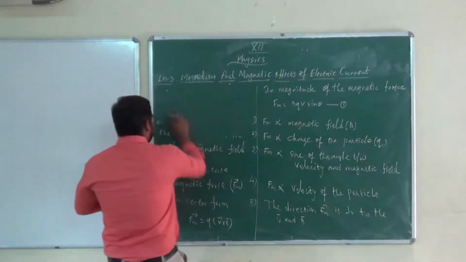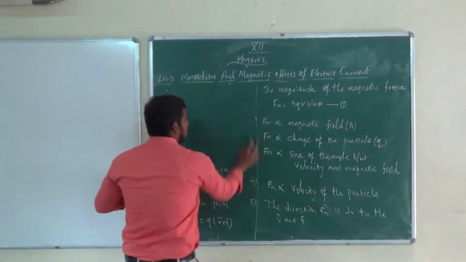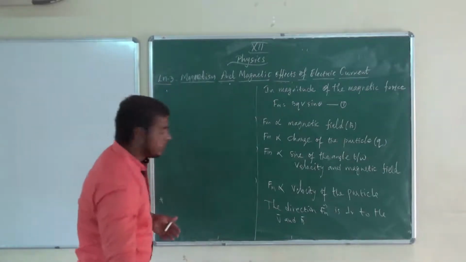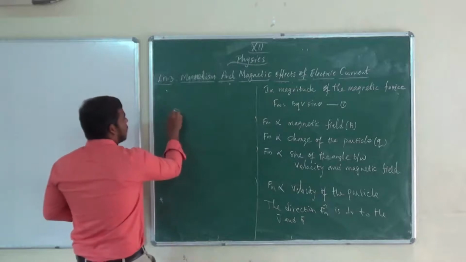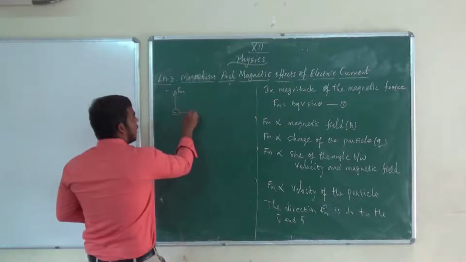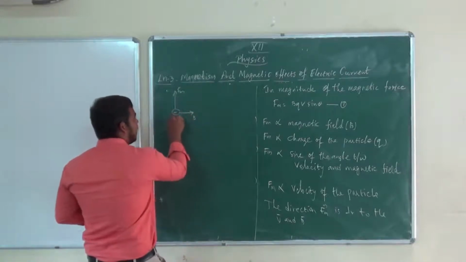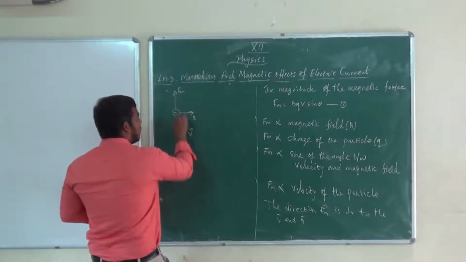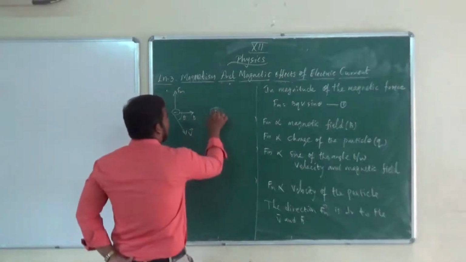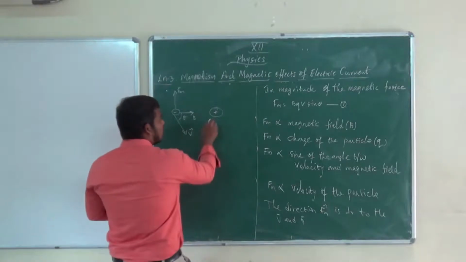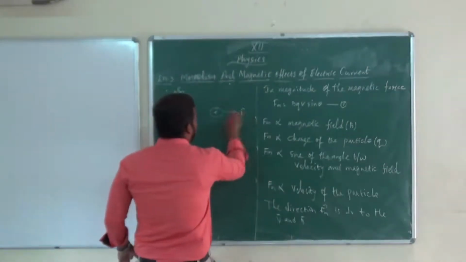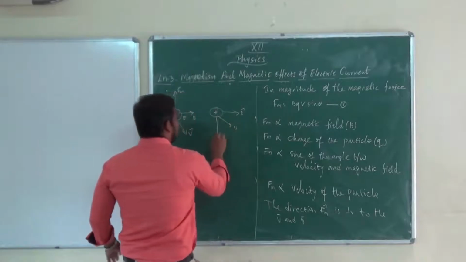Suppose I take a negative charge. This is the magnetic force, this is the magnetic field, and this is the velocity v. What is this angle? Theta. Suppose I take a positive charge, it is entirely different: this is the magnetic field B vector, then velocity v.